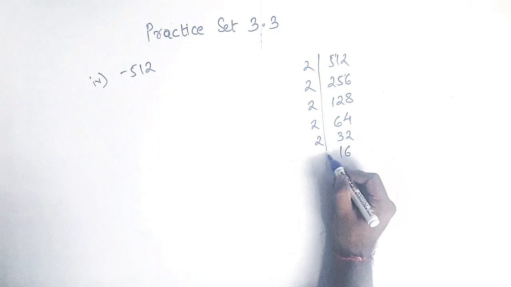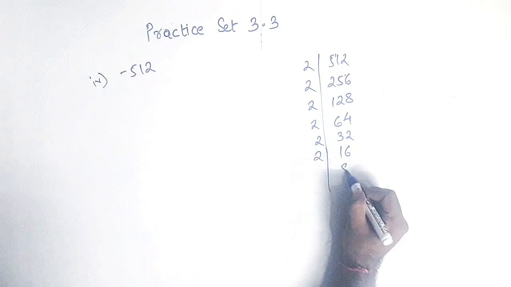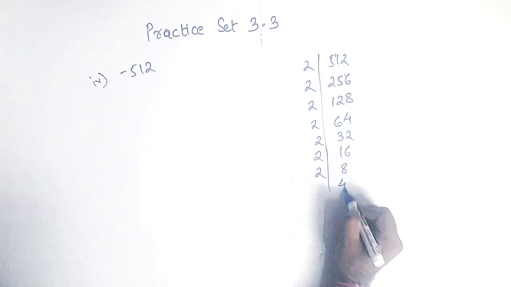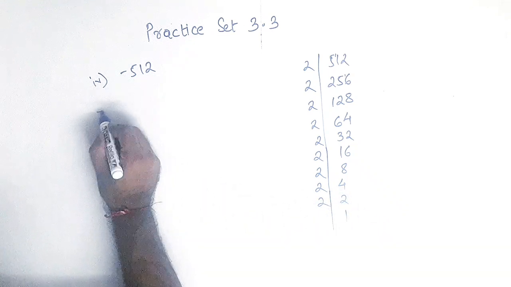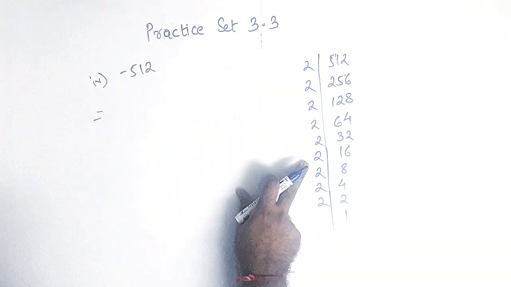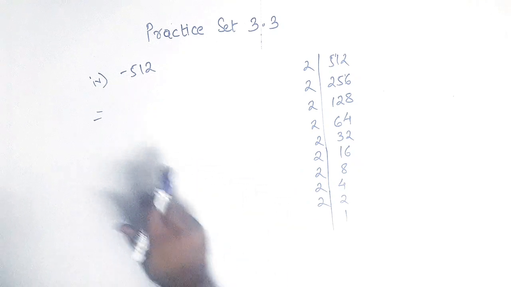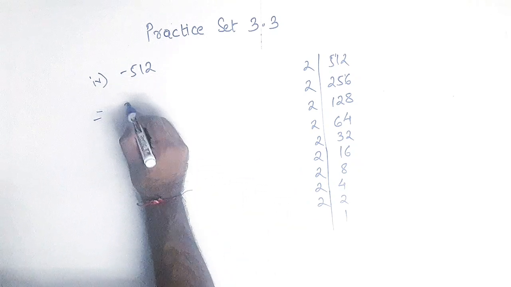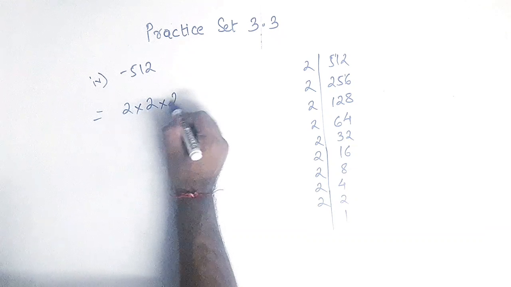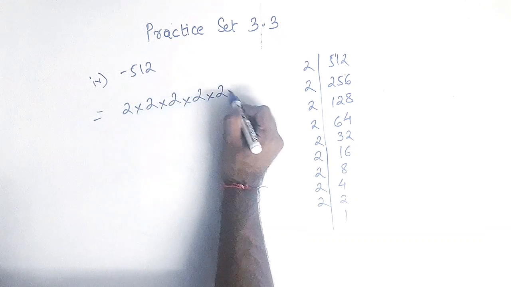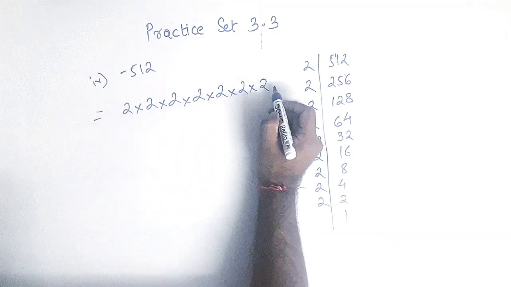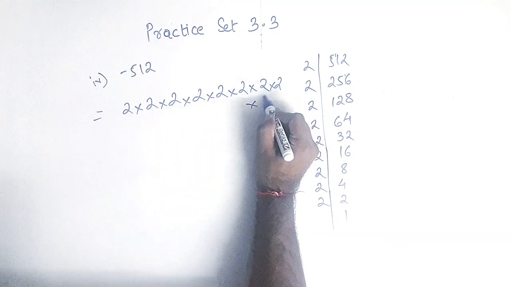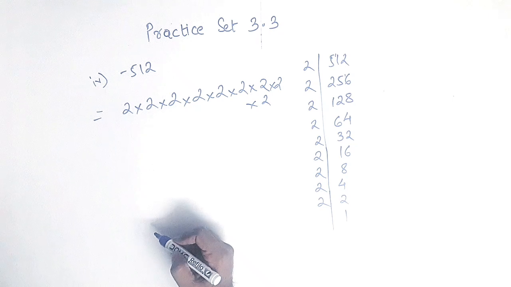So how many 2's are we getting? 3, 3, 6 and 3, 9 twos. 2 into 2 into 2, nine times.